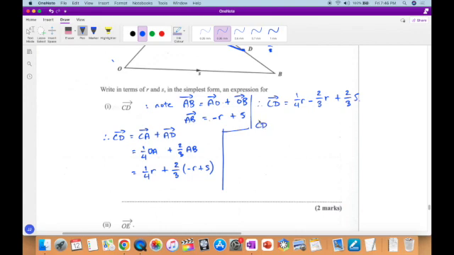So CD is negative 5 on 12 R plus 2 on 3 S. Or you can even be a polite mathematician and put it as 2 on 3 S minus 5 on 12 R.